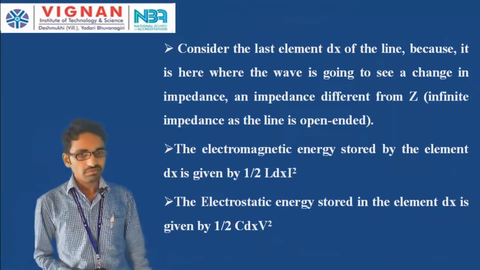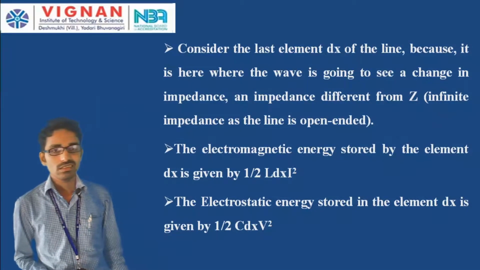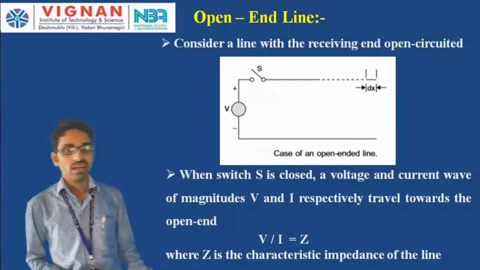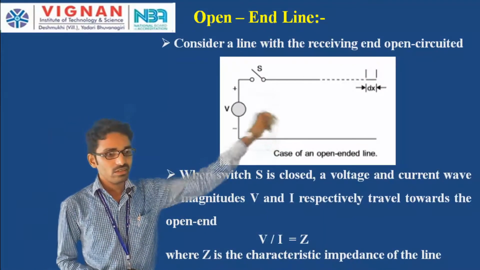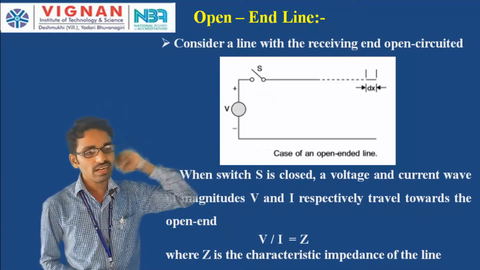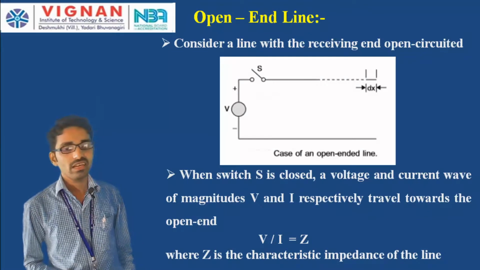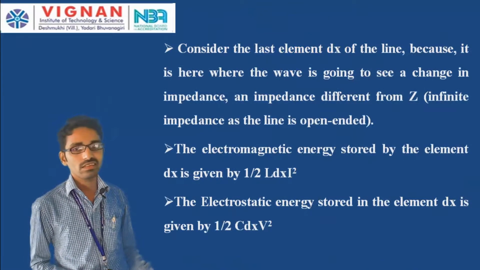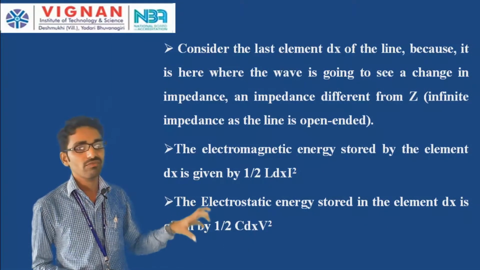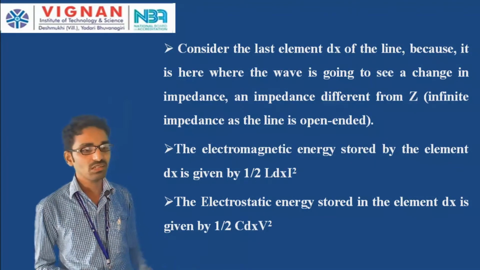Here let us consider the last element of the line, dx. We consider that dx because it is where the wave is going to see a change in the impedance.